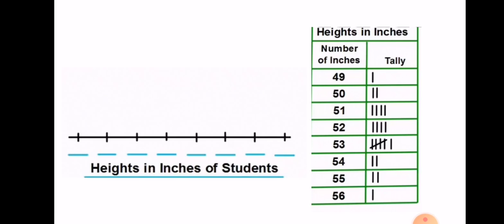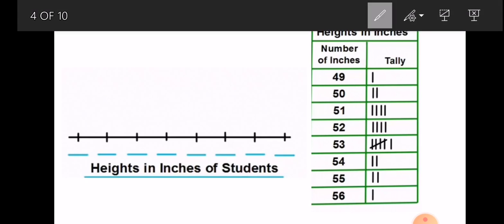What is the meaning of the scale? It means the range that my values are inside. The values here start with which number? As you see, they start with 49, and end with 56. So my range, or my scale, is from 49 until 56.